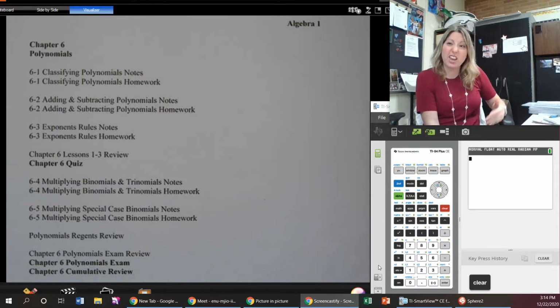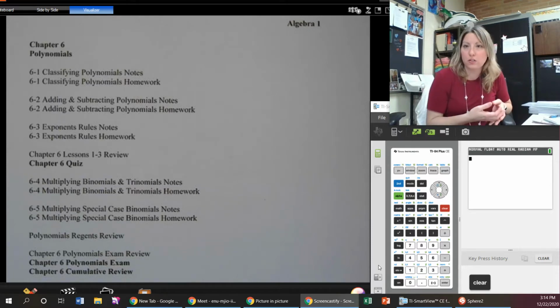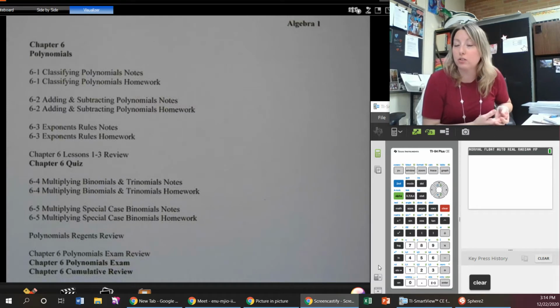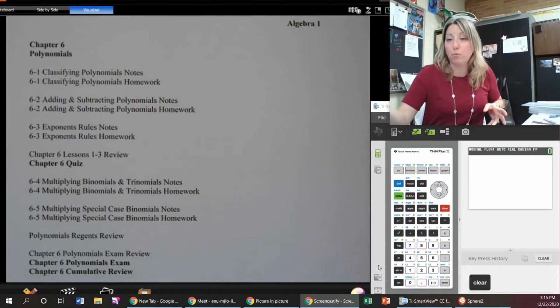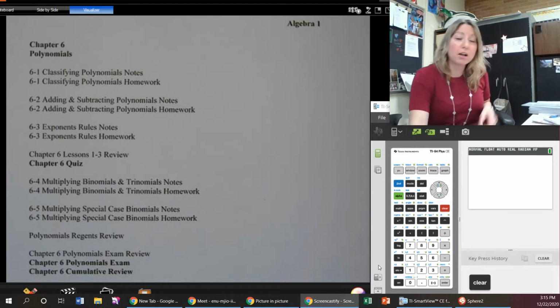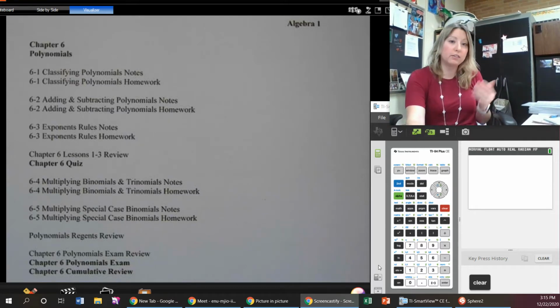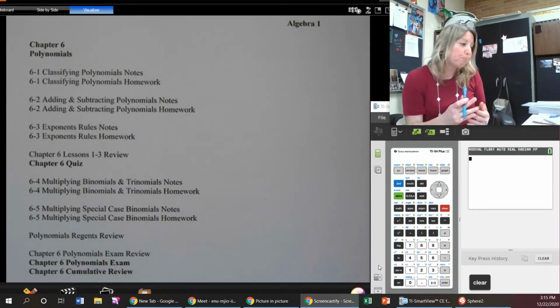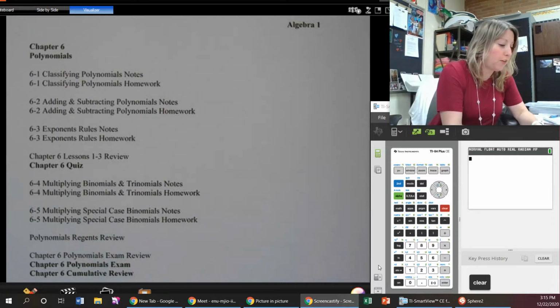The special case stuff is not quite as important, but it is kind of cool to see the patterns that emerge when we start multiplying binomials together. There are some special patterns that will help when we go into Chapter 7 to factor. There is a polynomials Regents review in this booklet, and then an exam review and exam. So let's begin with our vocab in classifying polynomials.